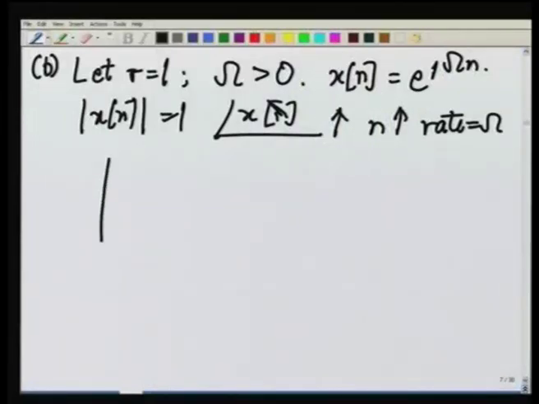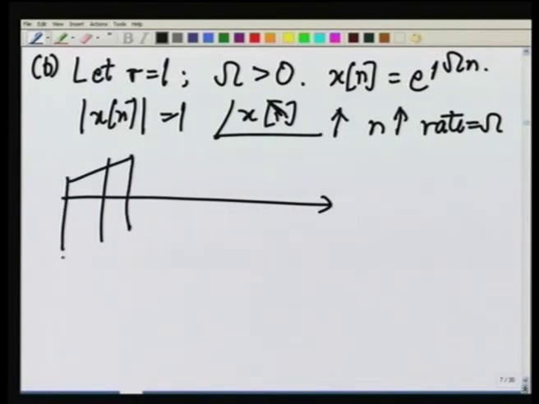So, if we try to plot it on the usual frame we use for a complex valued function, then we would start with the case of n equal to 0, where it would just be equal to unity. So, we would just get something like this. This is the value.